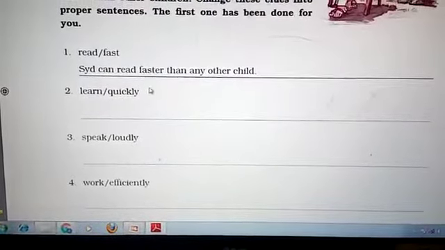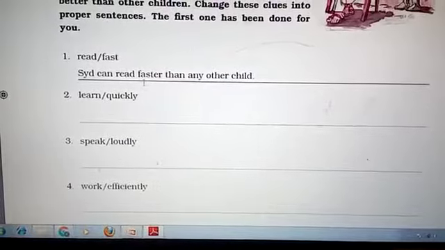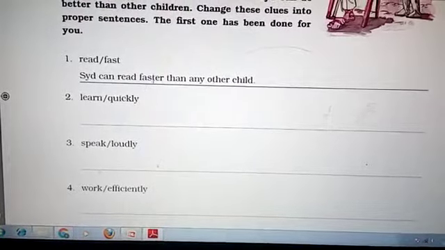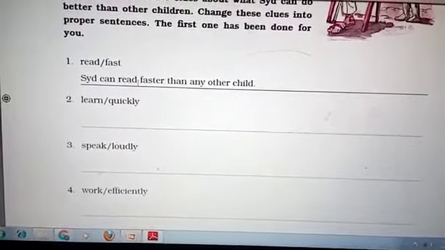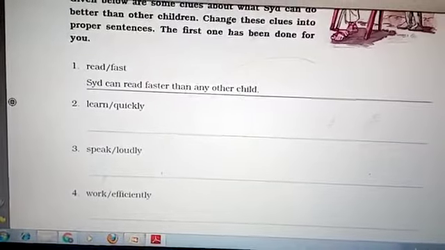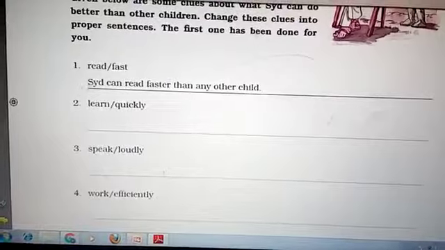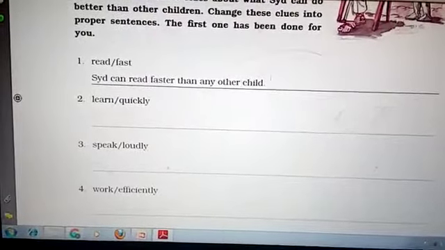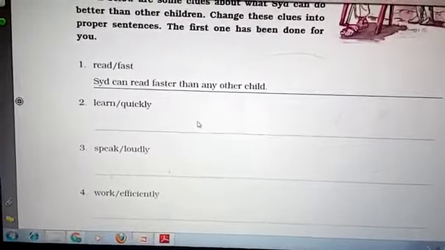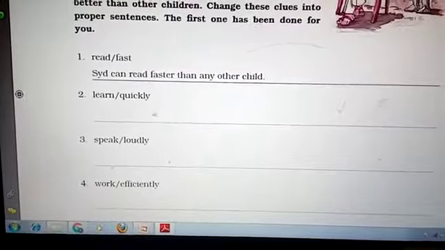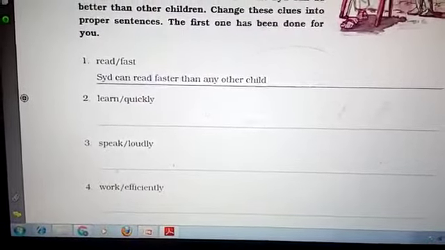One adjective here, fast, is changed into faster. The same way you have to frame the different sentences with the help of the given clues.